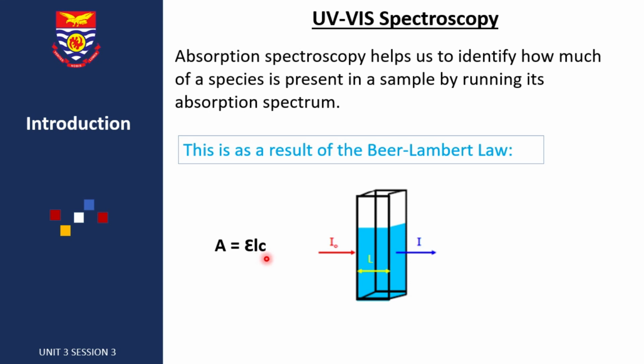Because absorption is directly proportional to concentration, whatever absorbance we get, depending on the molar absorptivity and the path length, the concentration can be calculated, right? So that's the Beer-Lambert law and how it is applied in identifying the concentration of an analyte of interest based on the absorbance value that is obtained.